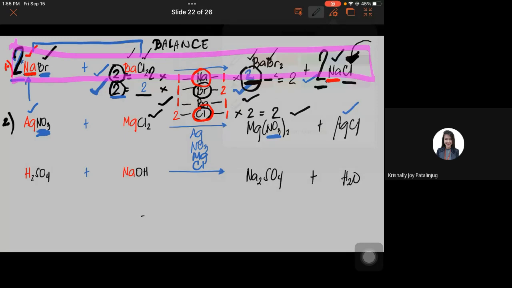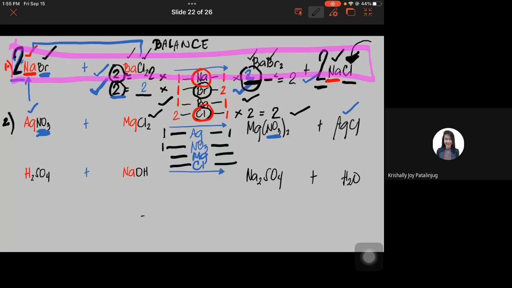Now let's try to count how many silver, nitrate, magnesium, and chlorine in both sides. So silver, reactant side 1, also in the product side 1. Nitrate, NO3. Wala namang subscript, di ba, na naka-enclose dyan sa NO3.